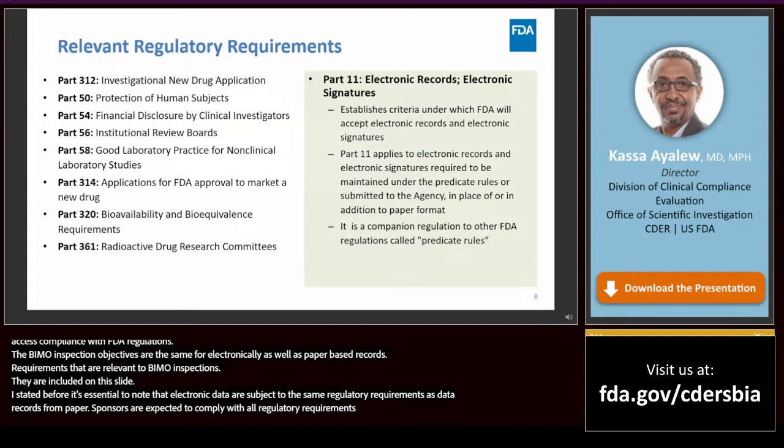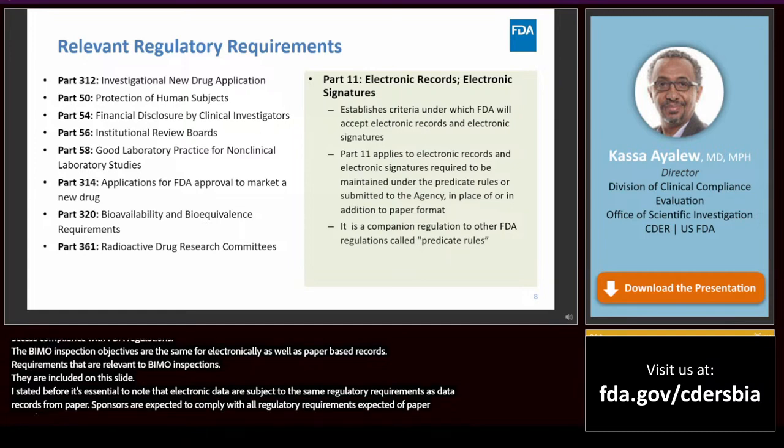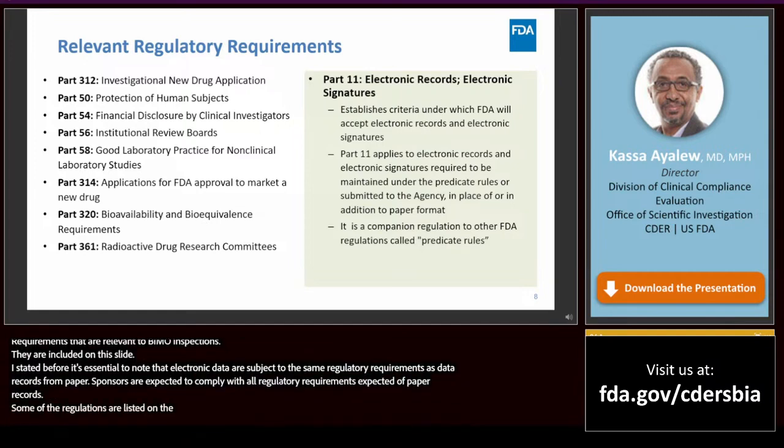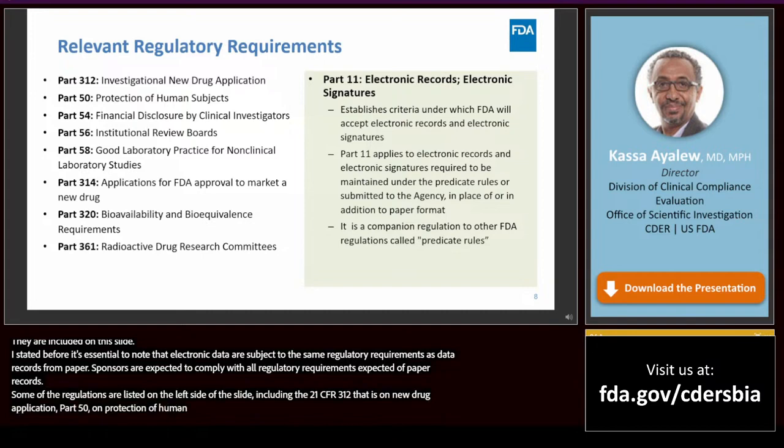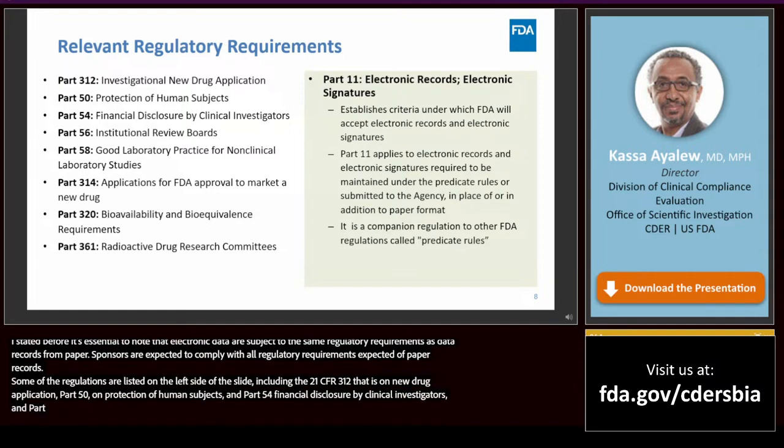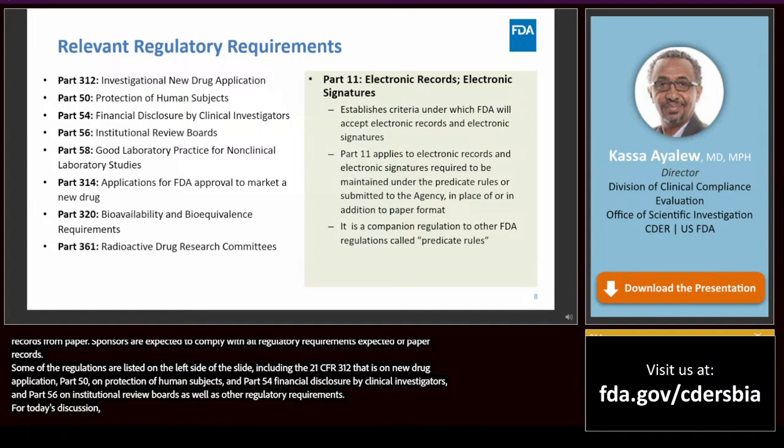Some of the regulations are listed on the left side of this slide, including the 21 CFR Part 312 that governs investigational new drug application, Part 50 protection of human subjects, Part 54 regulation that governs financial disclosure by clinical investigators, and Part 56 on institutional review boards, as well as other regulatory requirements. For today's discussion, Part 11 is the regulation we will be focusing on. That's described on the right side of the slide.